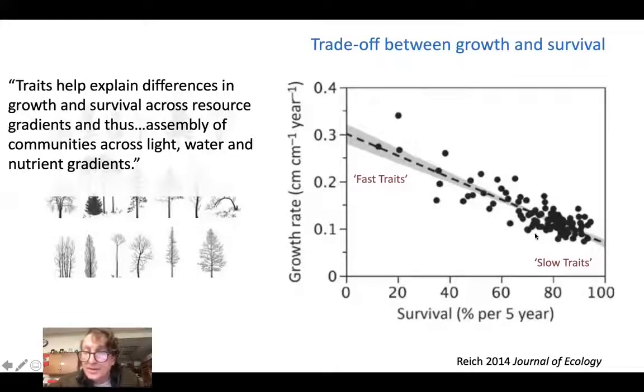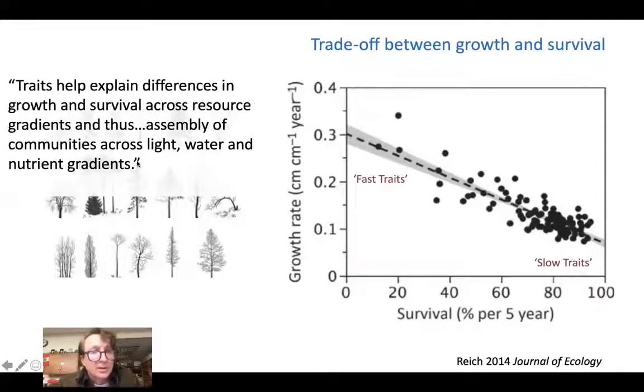And so this is a classic life history trade-off. And so we can characterize these different life history strategies, fast strategies and slow strategies, by measuring traits. So the traits enable us to identify the different types of strategies that we find within a population, within a community, and within an ecosystem, okay?